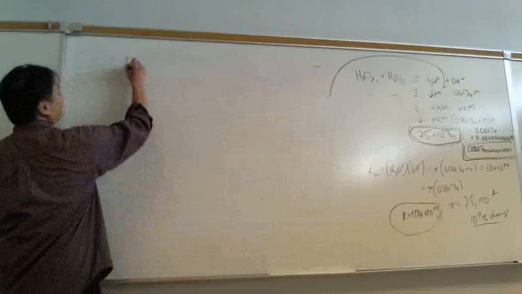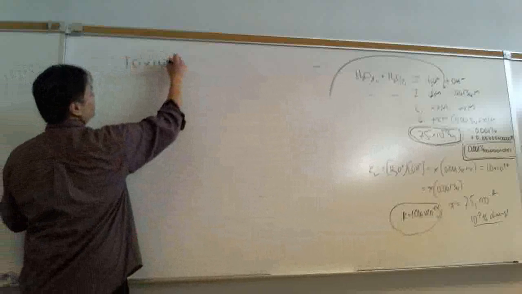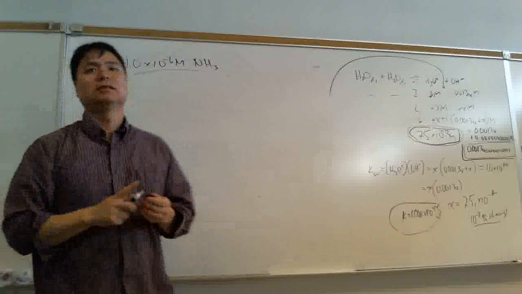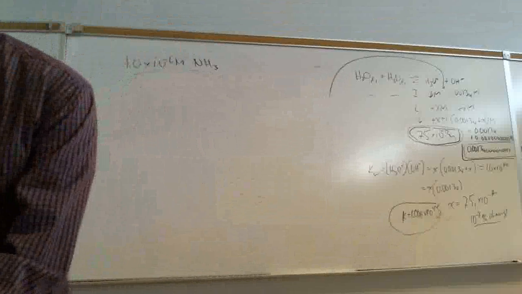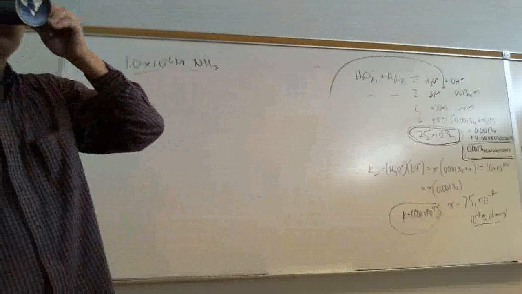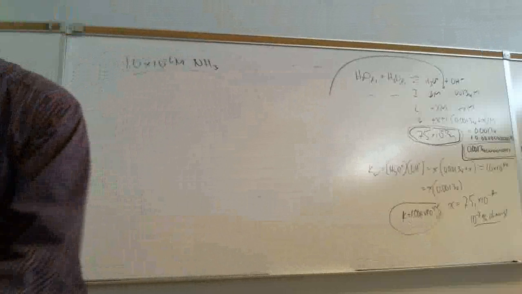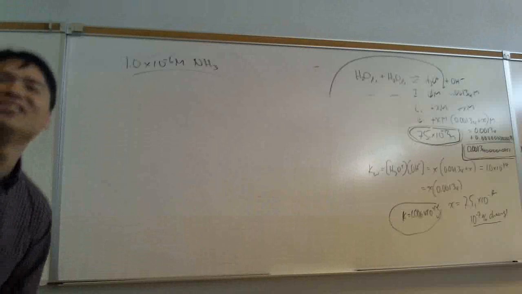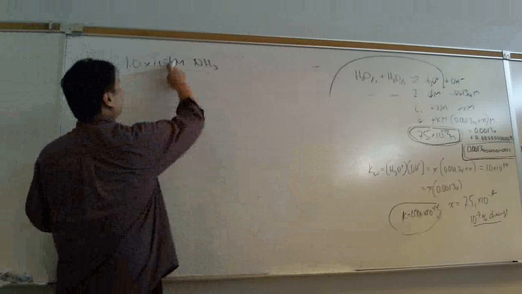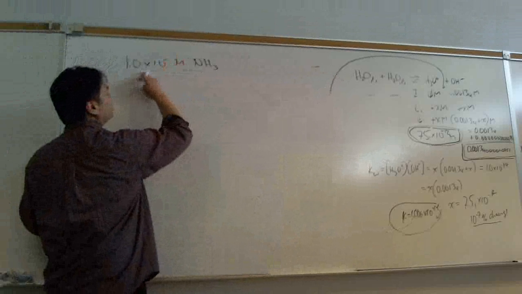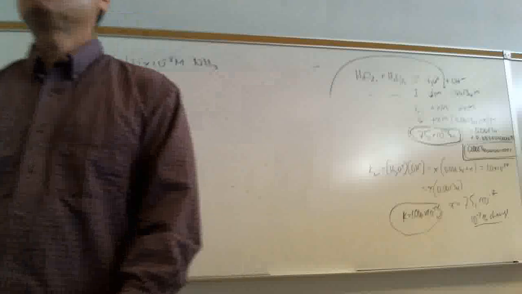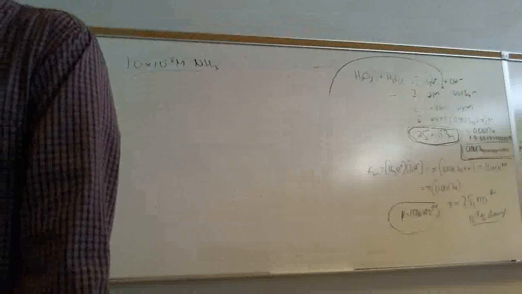Do this on 1.0 times 10 to the minus 6 molar ammonia. Actually, let me do it like this. Sorry, let me change this. We're going to do 1.0 times 10 to the minus 8 molar ammonia. Are you going to worry about it?